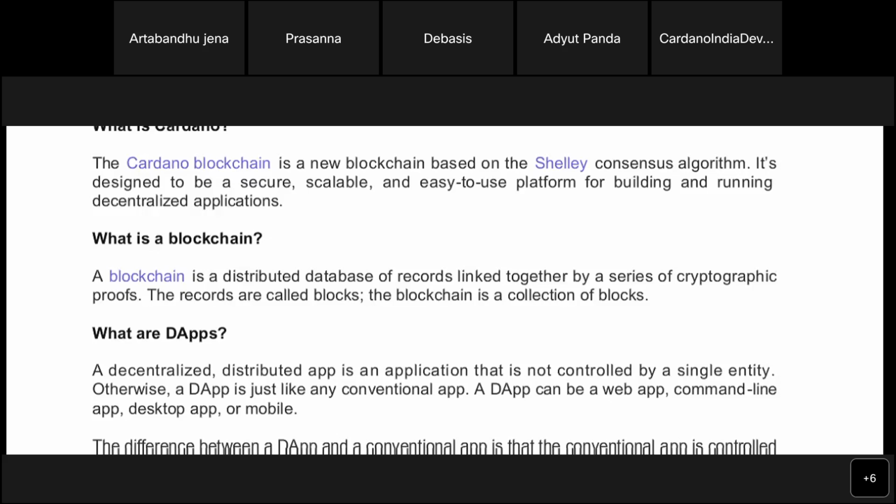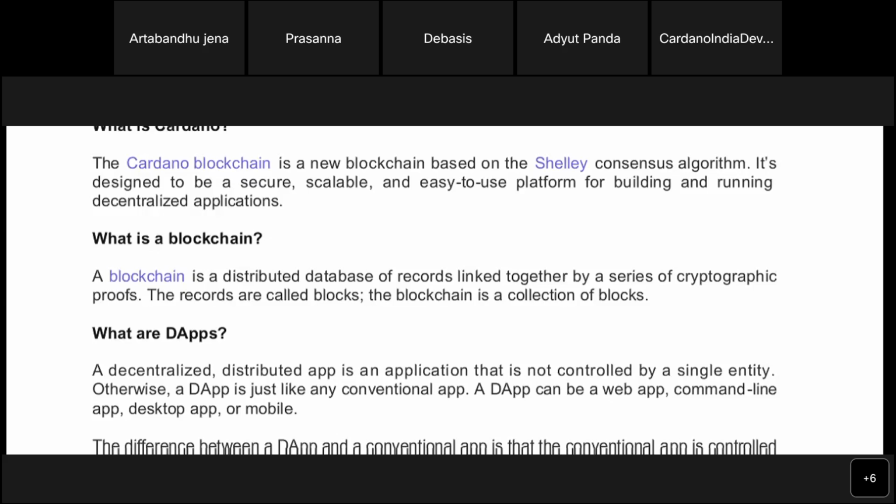So when we are doing a transaction, that is going to be written inside the ledger, but there has to be a consensus between all the parties who are part of that blockchain. That's how it is going to be written.